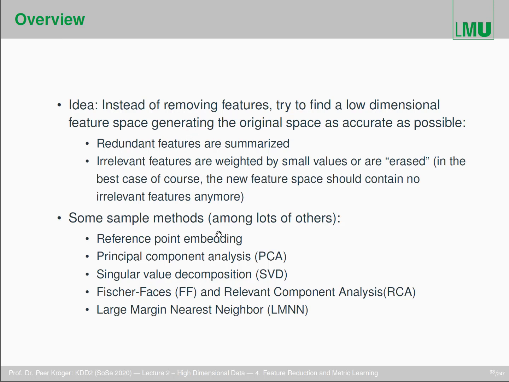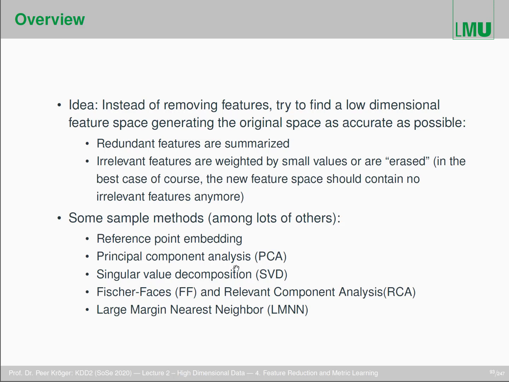So here are some sample methods. There are a lot of methods for doing feature reduction and metric learning. We just cover a couple of them. A very simple one we'll start off with is the reference point embedding. Then we will have a look at principal component analysis. Once again, the acknowledgement to Bernd and Giuseppe on that. A generalization of PCA is the singular value decomposition.